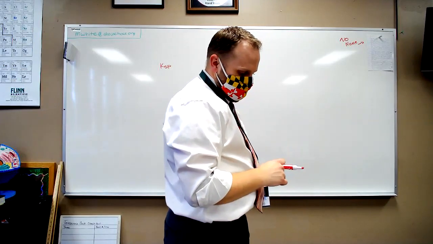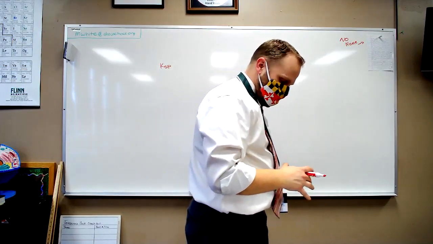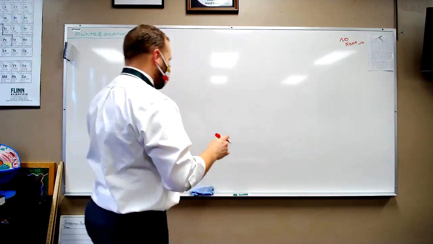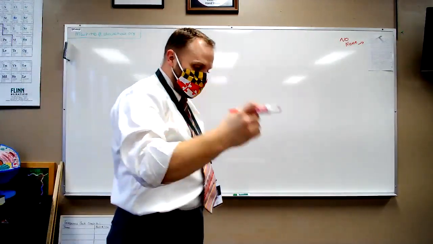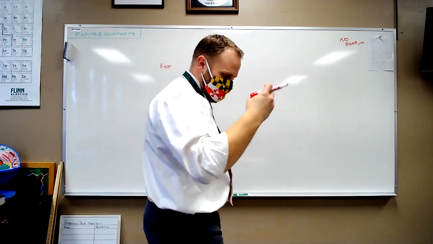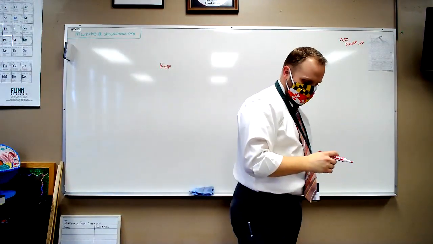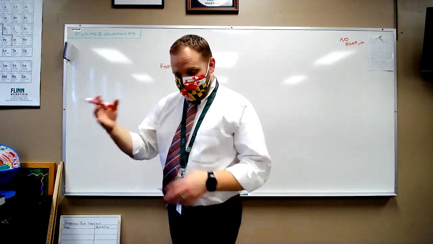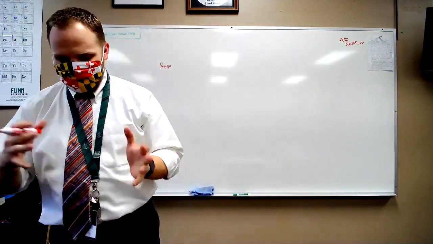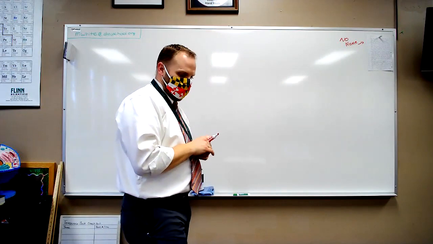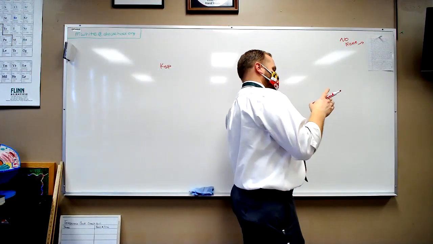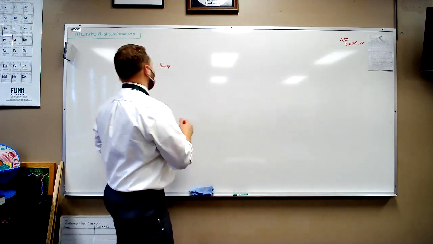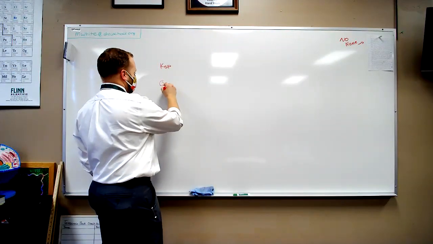The way we do this, we look at the KSP of the new thing that we could create. Now we have to look at what we're mixing to figure out what's going on. Then we compare the KSP to something that we call the QSP.